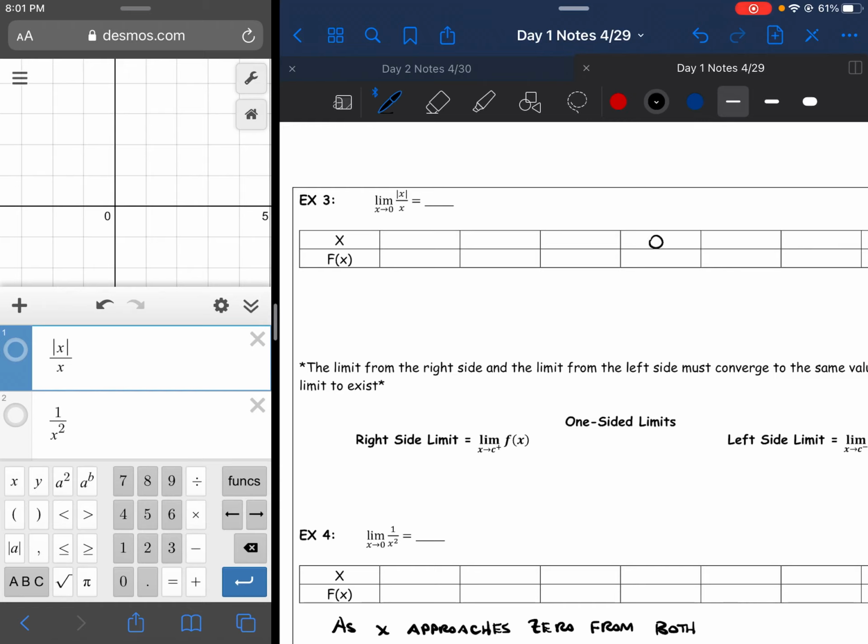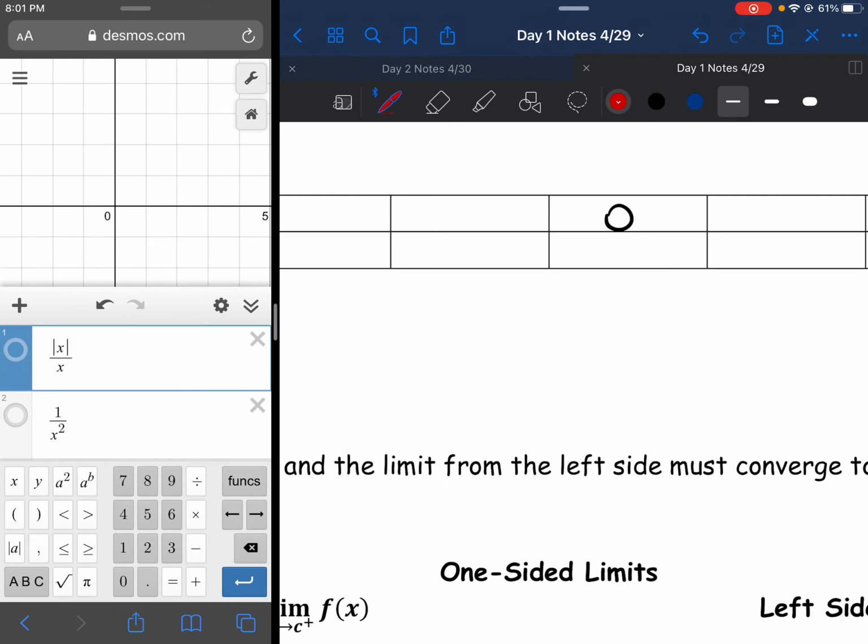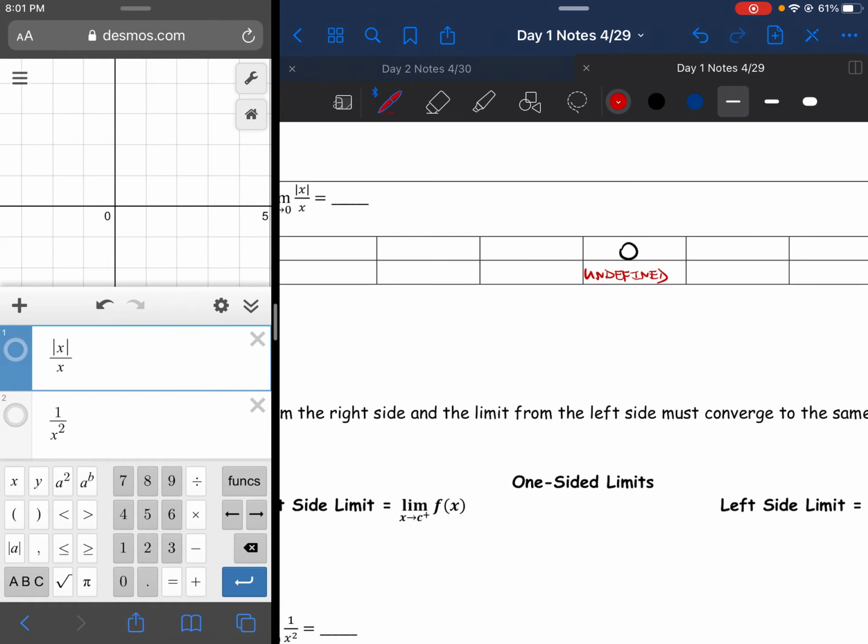Now, watch what happens though. If we plug 0 into the function, you put 0 in for x, you're going to get 0 in the denominator. So we can already tell that at 0, this function is undefined. So we can't rely on looking at 0 itself. So let's look to the left and right of it.